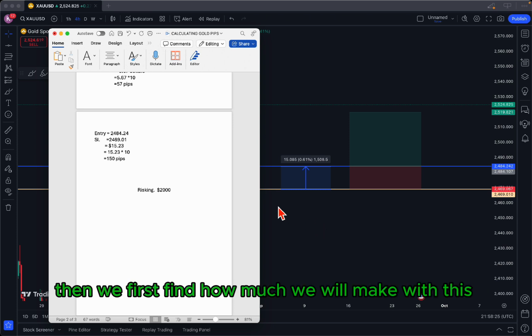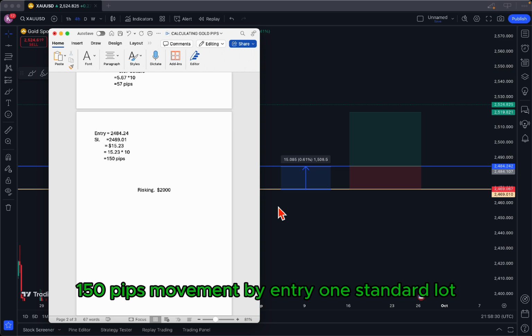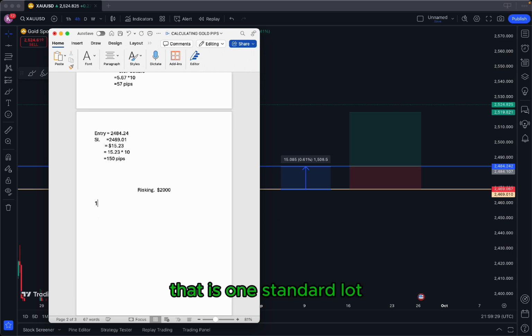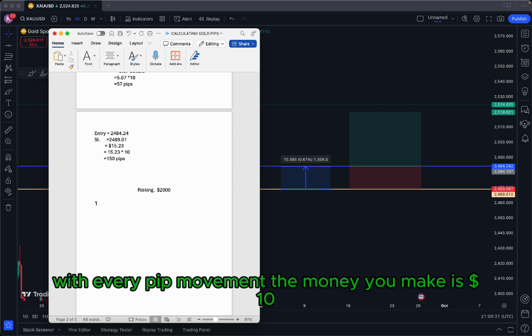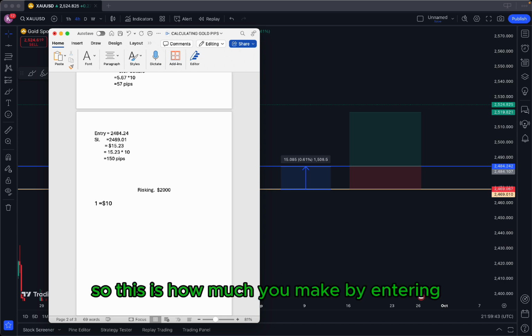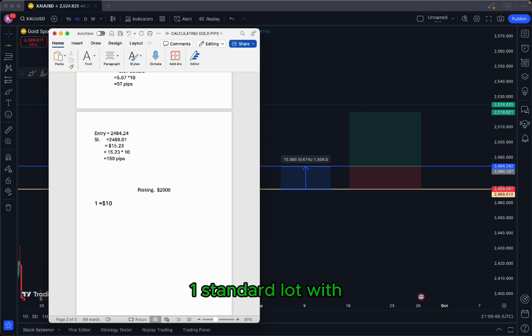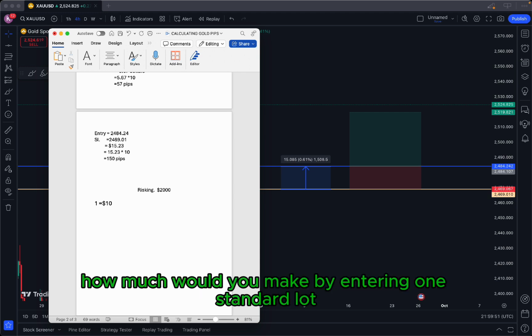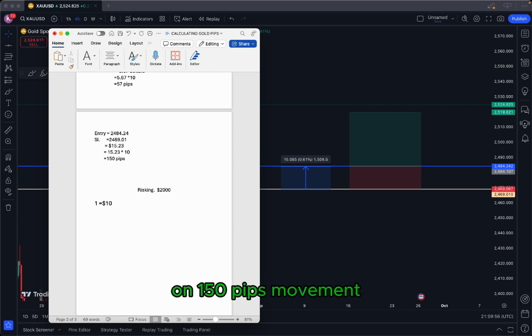Then we first find how much you will make with this 150 pips movement by entering one standard lot. So this is how much you make by entering one standard lot with one pip movement.